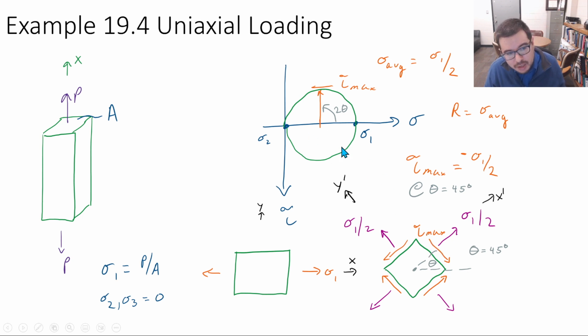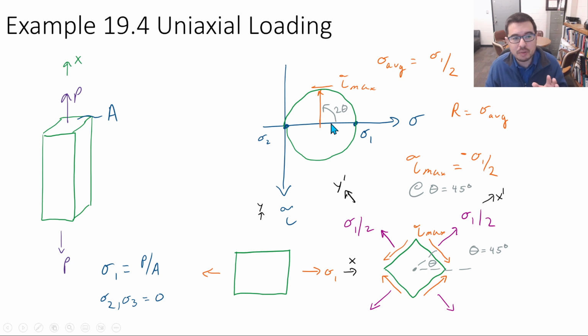If we had gone the other direction, then sigma x prime would be coming out over here, sigma y prime would be coming out over here, and then this would be the tau x prime y prime, and that would be a positive corner. So the direction we go in the circle helps us determine whether the resulting stresses are positive or negative.